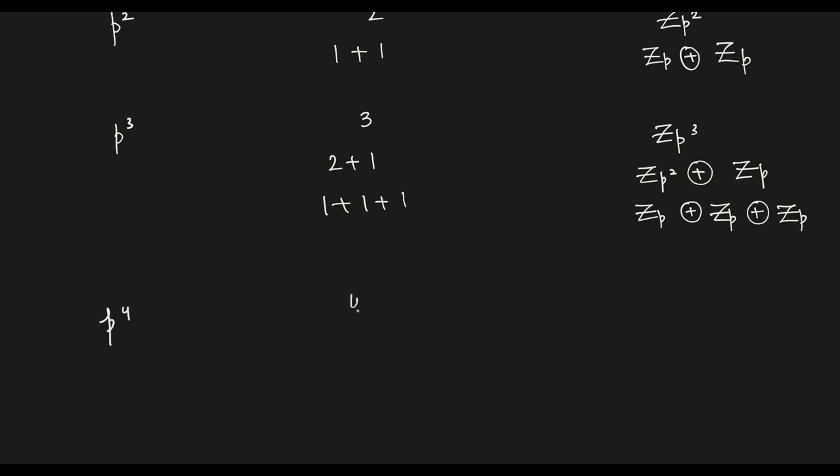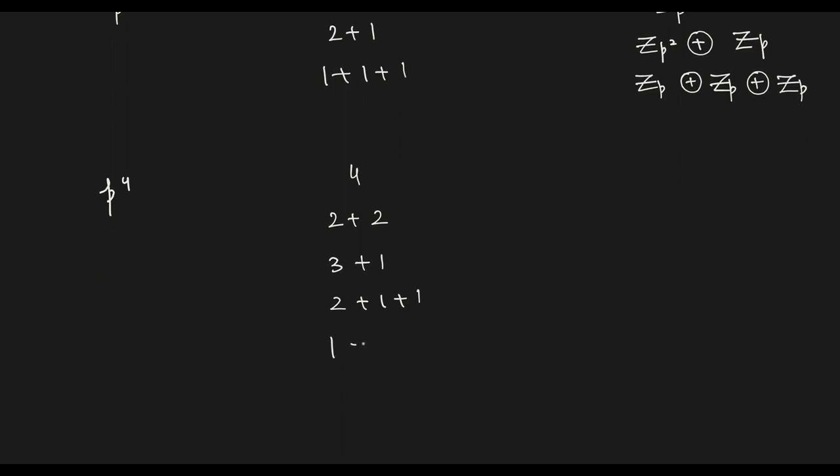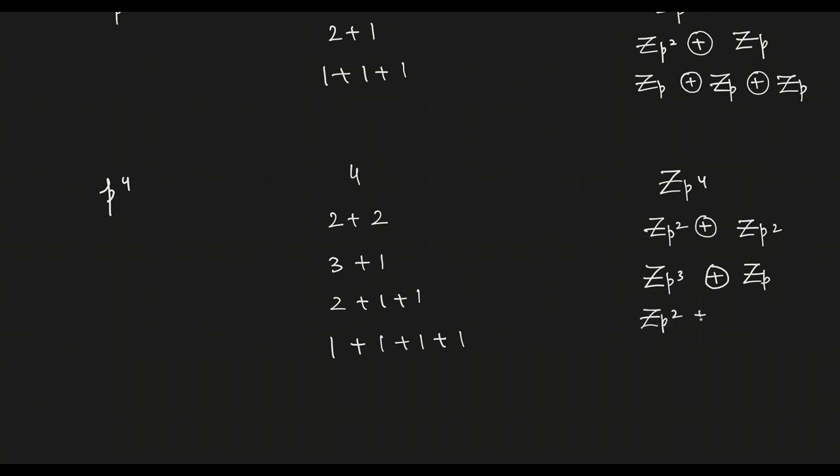Partitions of 4 will be 4, 2 plus 2, 3 plus 1, 2 plus 1 plus 1 and 1 plus 1 plus 1 plus 1. ZP to the power 4, ZP square direct sum ZP square, ZP cube direct sum ZP, ZP square direct sum ZP direct sum ZP, and ZP direct sum ZP direct sum ZP direct sum ZP.